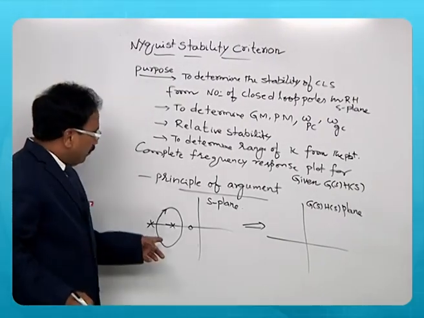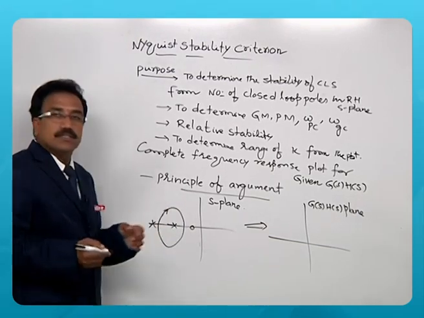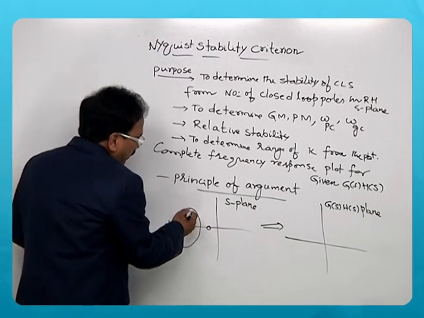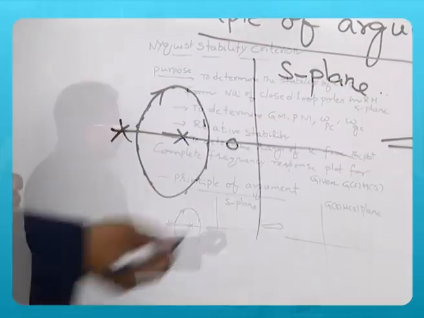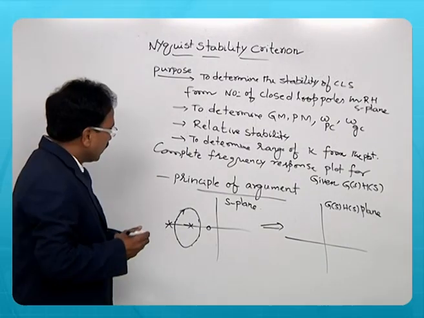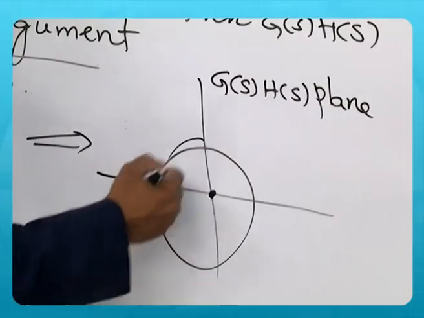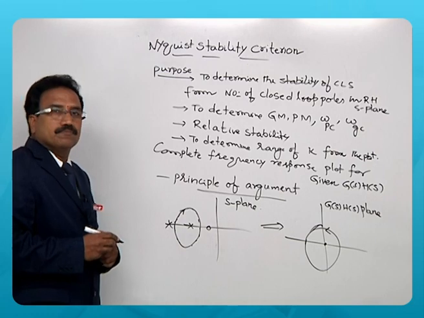Suppose a pole is covered by the closed path, then if you map every point on this path into the G(s)H(s) plane, around the origin there will be a path in the anti-clockwise direction.